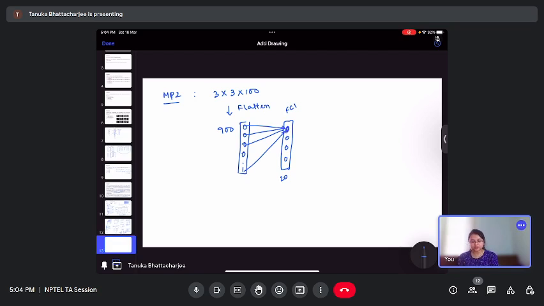The number of weights involved for one neuron is 900. So, in total there will be 900 cross 20, 18,000 weights involved. Is that clear to you now? Yeah. Thank you. And for biases, each neuron has just one bias involved. So, bias is only 20.